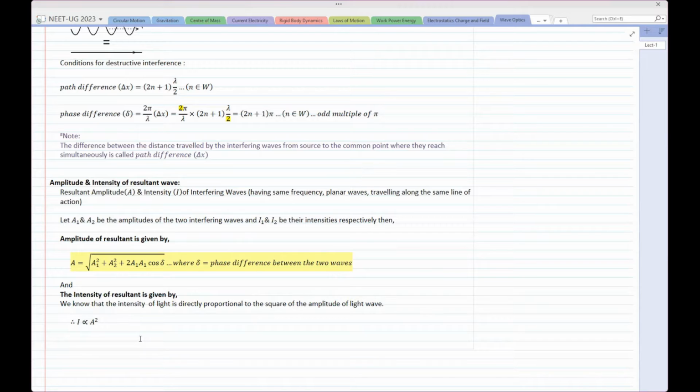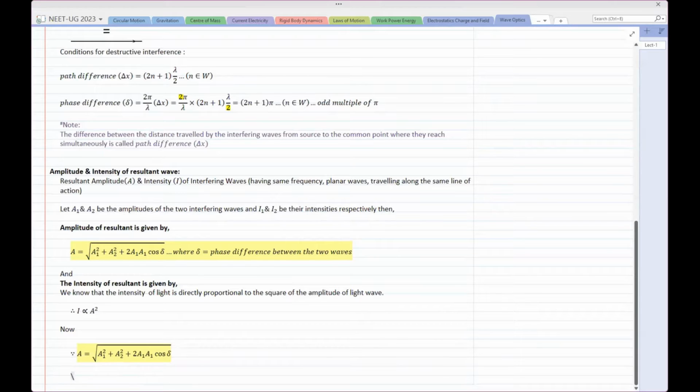ऊपर वाले इक्वेशन को आप लिखो, you can just make some changes now. As we know, this A, हम इसकी बात कर रहे हैं. This A is this, right? Therefore square both sides and you write A squared is equal to, what is A squared?